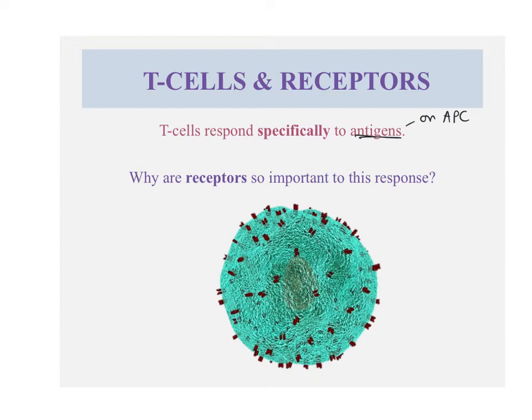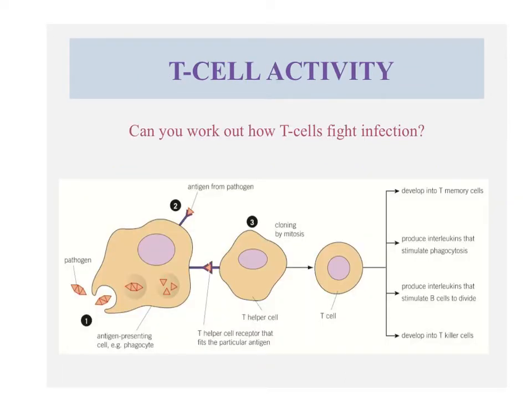So I want you to pause now and think about why the receptors are so important to this response. Think about why it's so important that T cells have those receptors on them. Now, as we can see here in this diagram, we've got a phagocyte engulfing a pathogen, and we're producing an antigen-presenting cell.